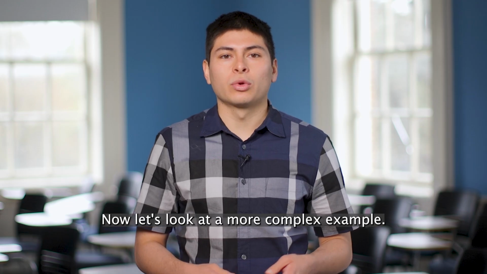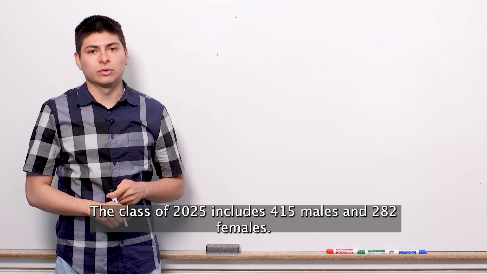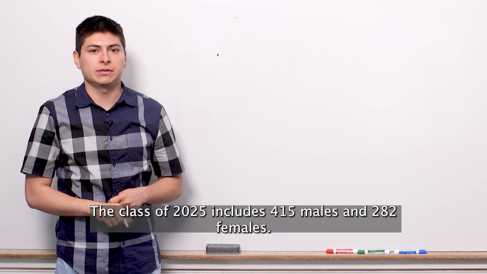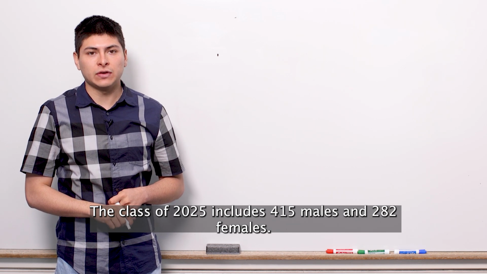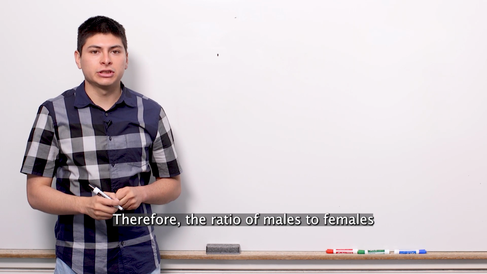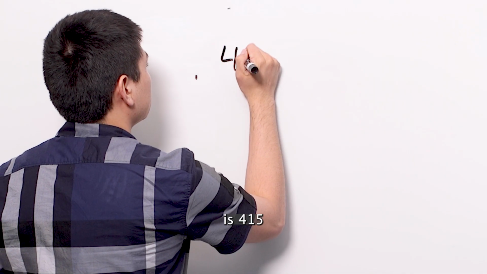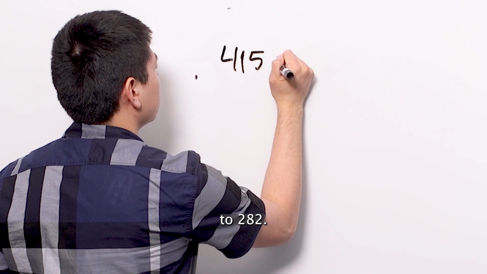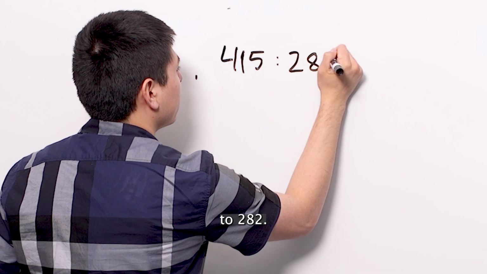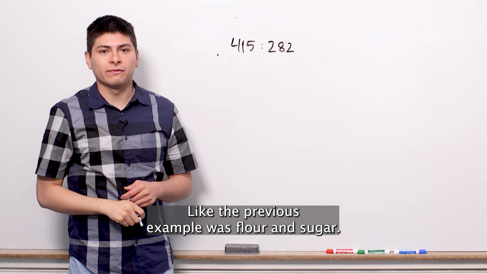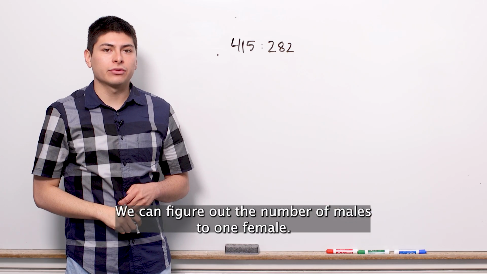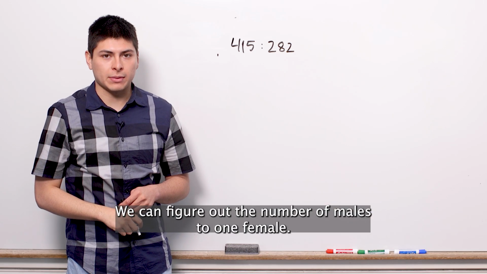Now, let's look at a more complex example. The class of 2025 includes 415 males and 282 females. Therefore, the ratio of males to females is 415 to 282. Like the previous example with flour and sugar, we can figure out the number of males to 1 female.